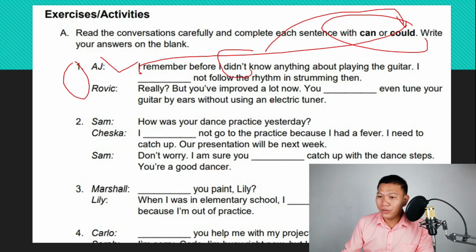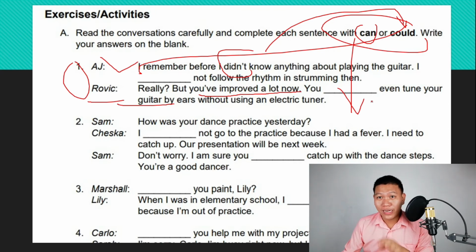I could not follow the rhythm in strumming then. Really? says Rovic. But you have improved a lot now. You can even tune your guitar by ear without using an electric tuner. So since we're talking about present action here, certainly it's can. So could and can. Just recall how we use them and you can answer these correctly.